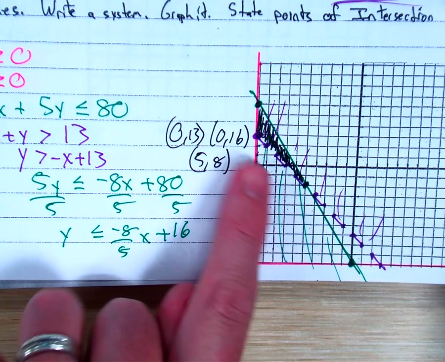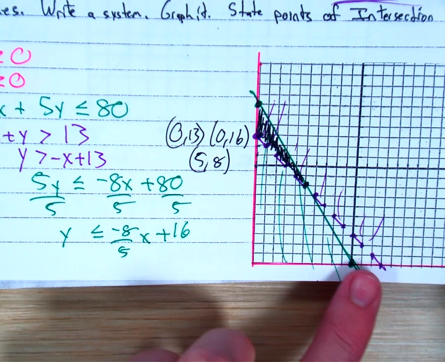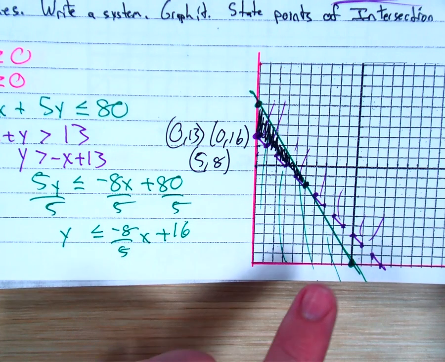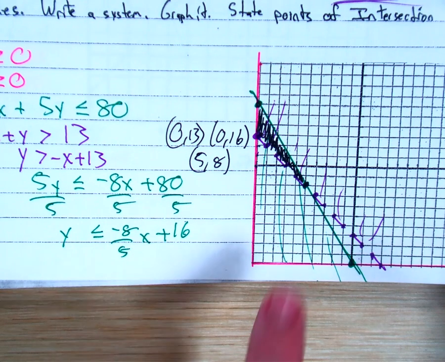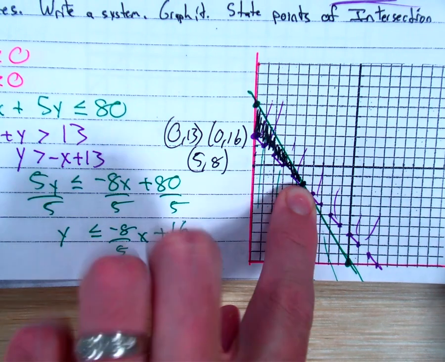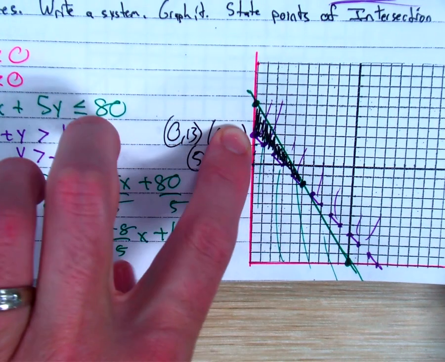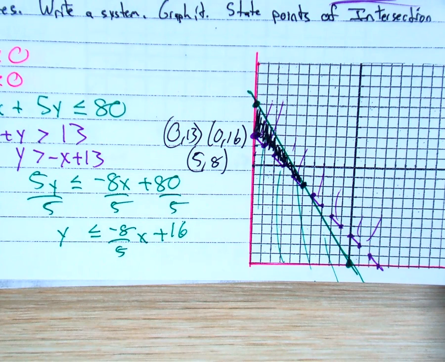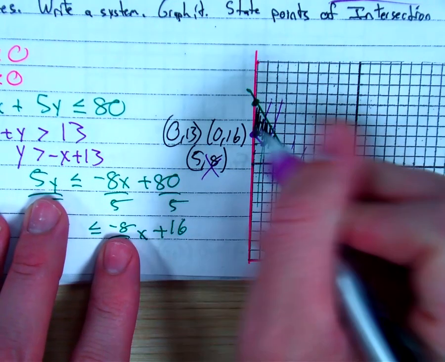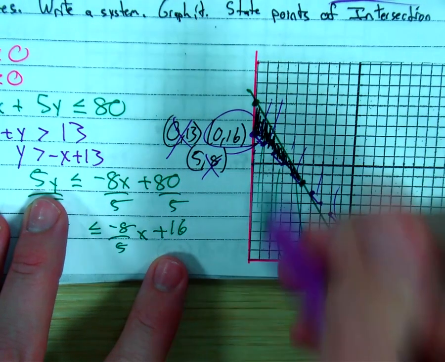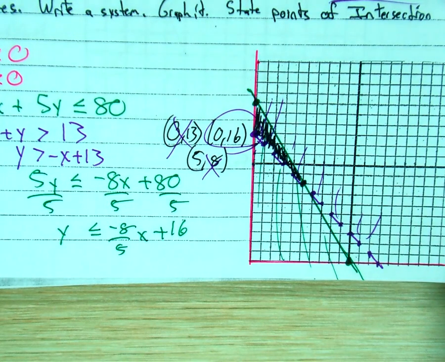They're not greater than. So because the points on the dotted line don't count, this corner won't count, and this corner won't count. So of our 3 corners that we've identified, this one won't count, and this one won't count. This is the only vertex, only corner that counts in our solution region.